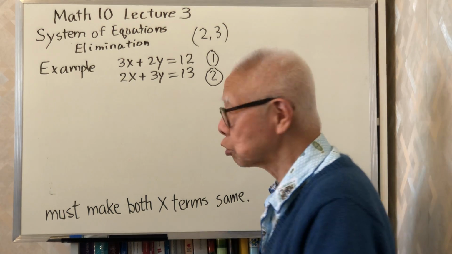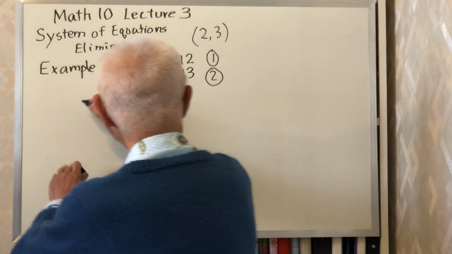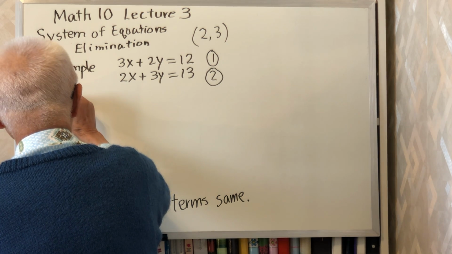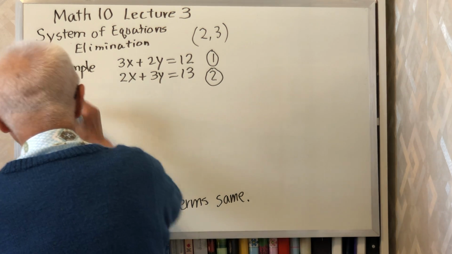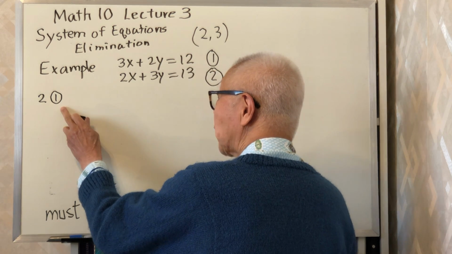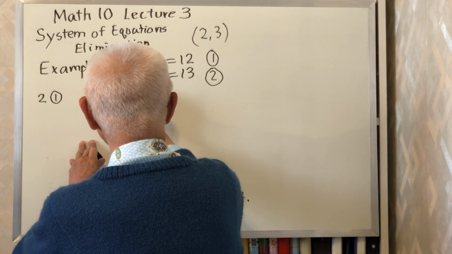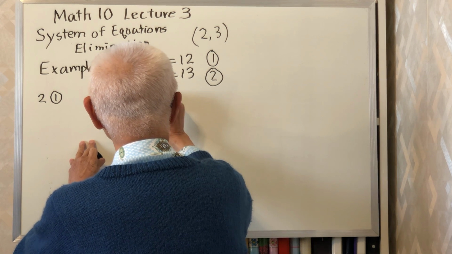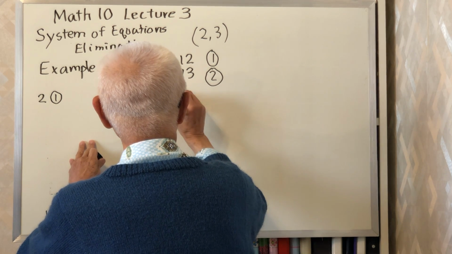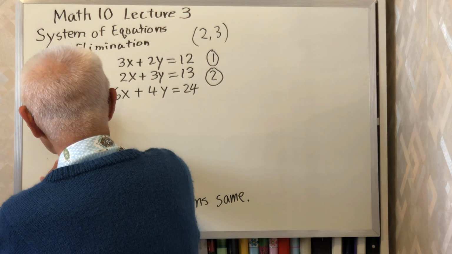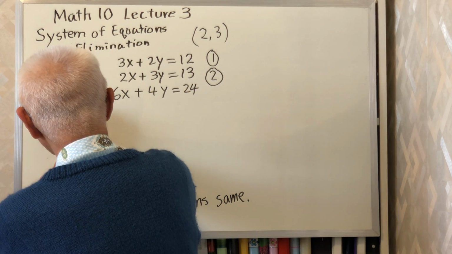So let us do that. Two multiply equation 1, and 3 multiply equation 2.